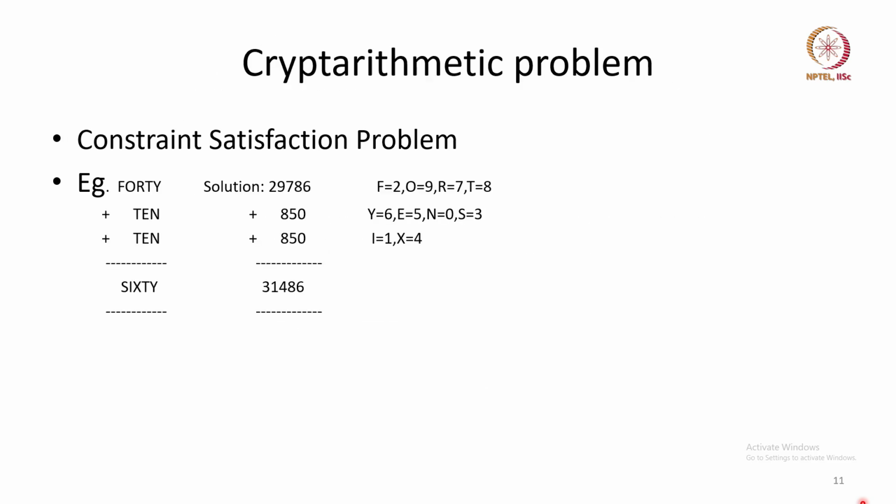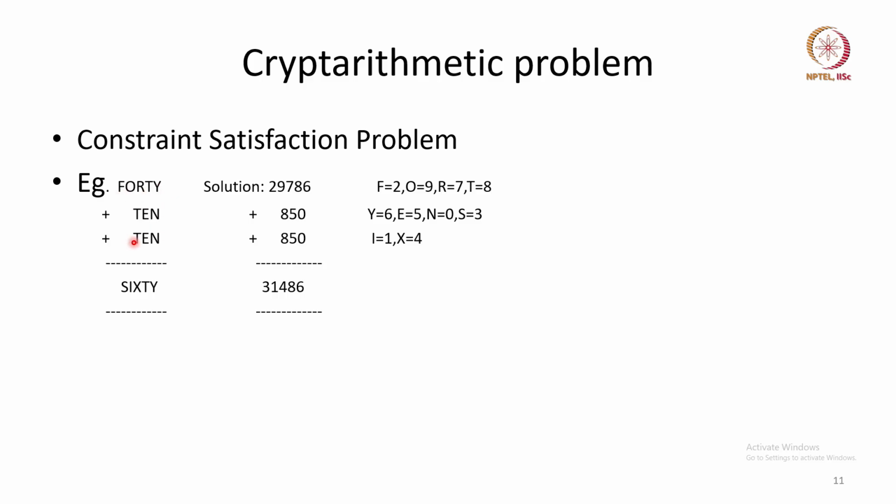Now this is what is called the cryptarithmetic problem. So here what is it that we are doing? We have an arithmetic problem which consists of letters, not numbers but letters. So we have 40 plus 10 plus 10 which gives 60. So the idea is to find a corresponding digit to each of these letters.